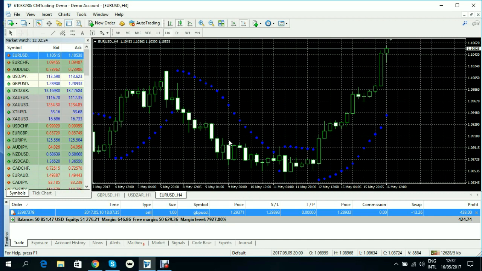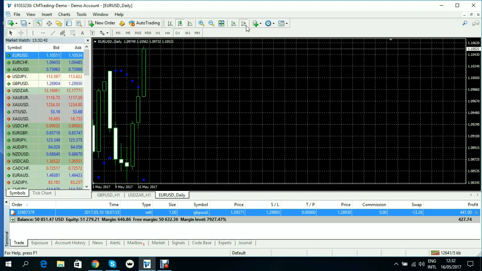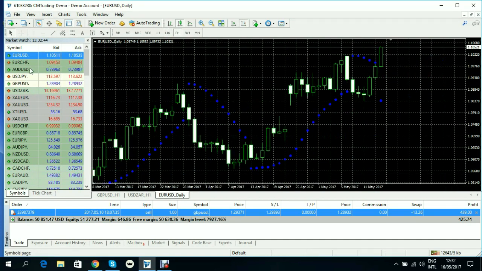So basically, this is how the parabolic SAR works. It is good for both short-term and long-term trades. It works the same way in all the time frames.